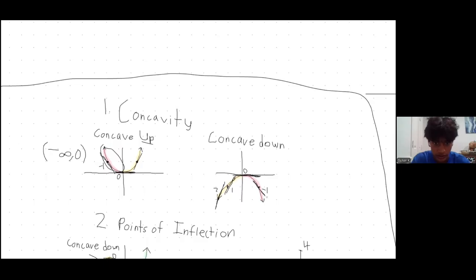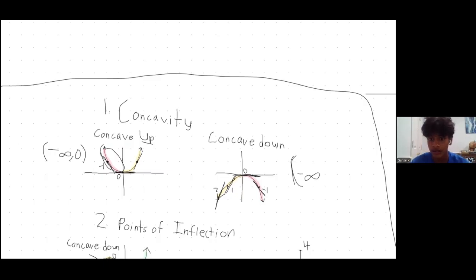So clearly, this arrow indicates that it's decreasing all the way from x is negative infinity. Whenever we're working with infinity, whether it's negative infinity or positive infinity, you're always going to put a parentheses, because that indicates that infinity is not included. And then it increases until zero.